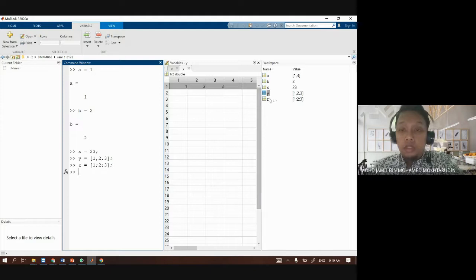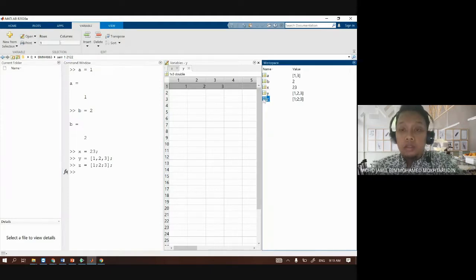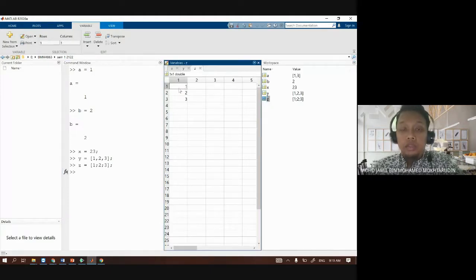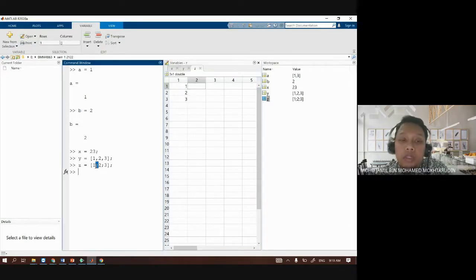If you click z, it is arranged in different rows but the same column. If you are confused with coding, you can just fill in the box with the numbers you want. If you have time to think in code, you can just write commas and semicolons.